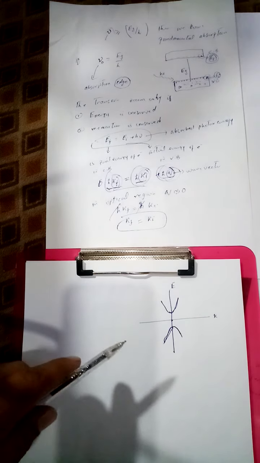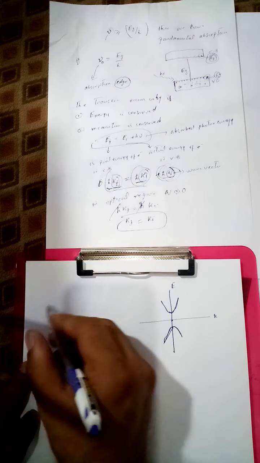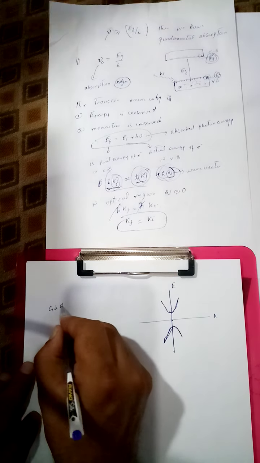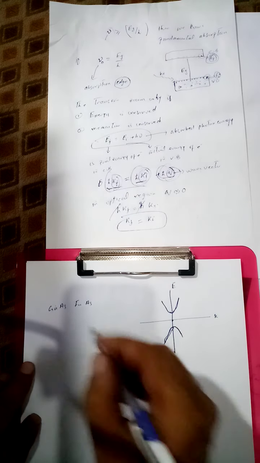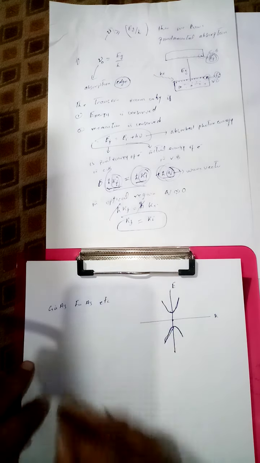Examples of direct band semiconductors are gallium arsenide, indium arsenide, and many more.